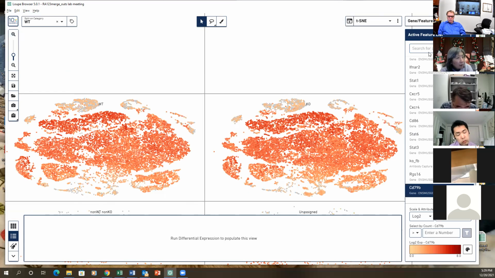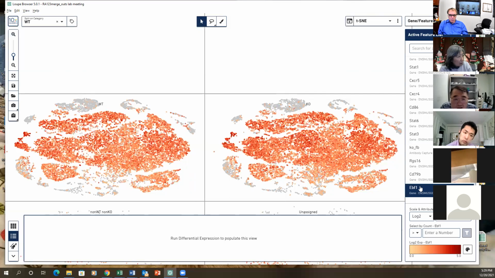EBF1, this is a gene from the last single cell result. Not a big difference.